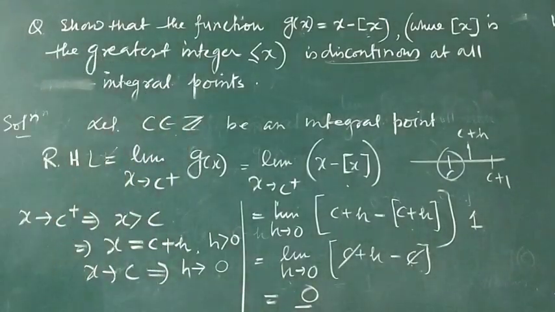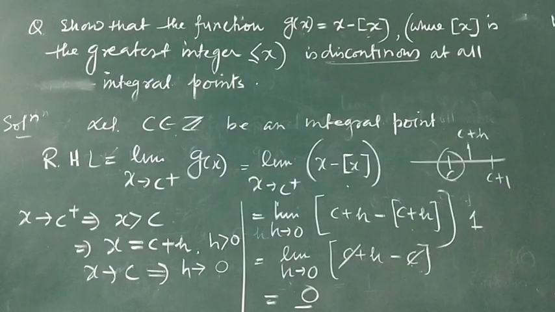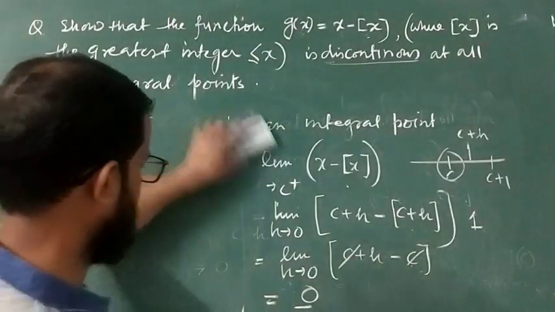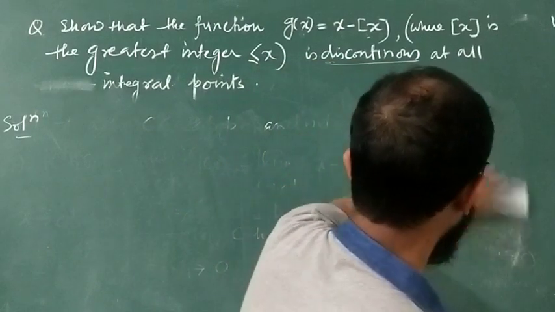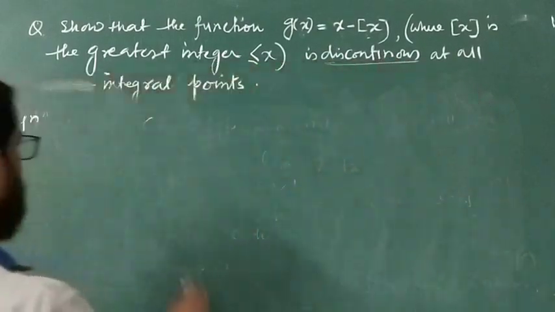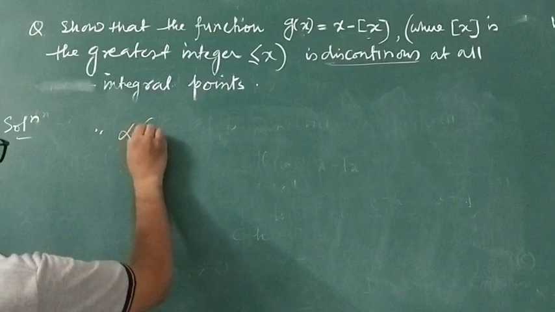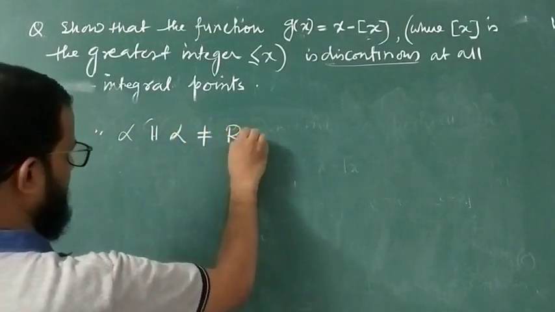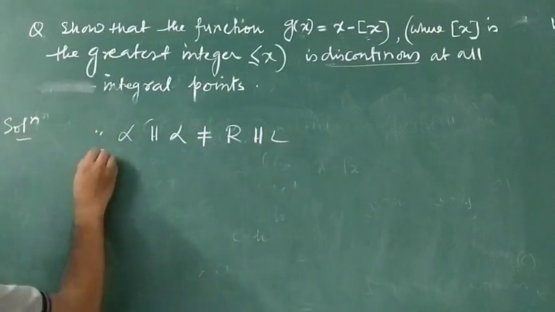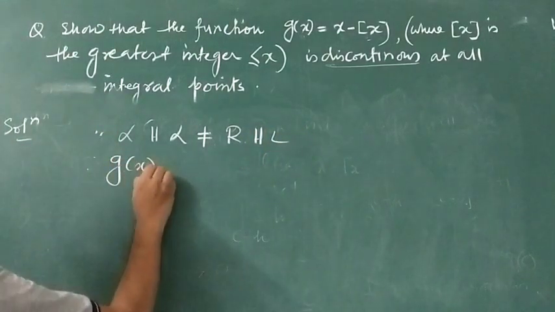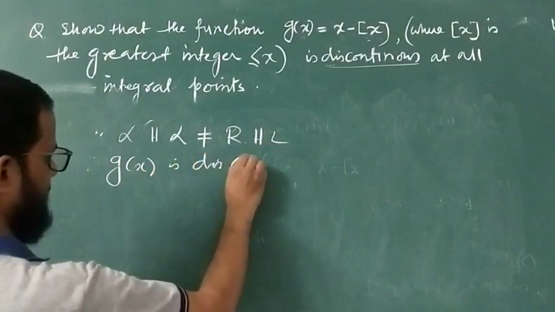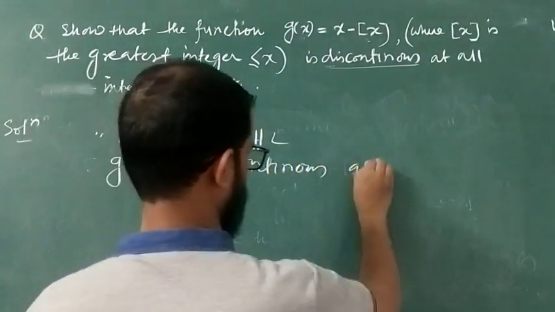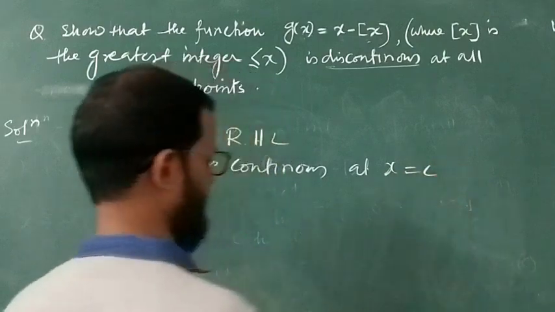And since the left hand limit is not equal to the right hand limit, we can conclude that your function is discontinuous at x equal to C. So you can write that since the left hand limit is not equal to the right hand limit, therefore gx is discontinuous at x equal to C.